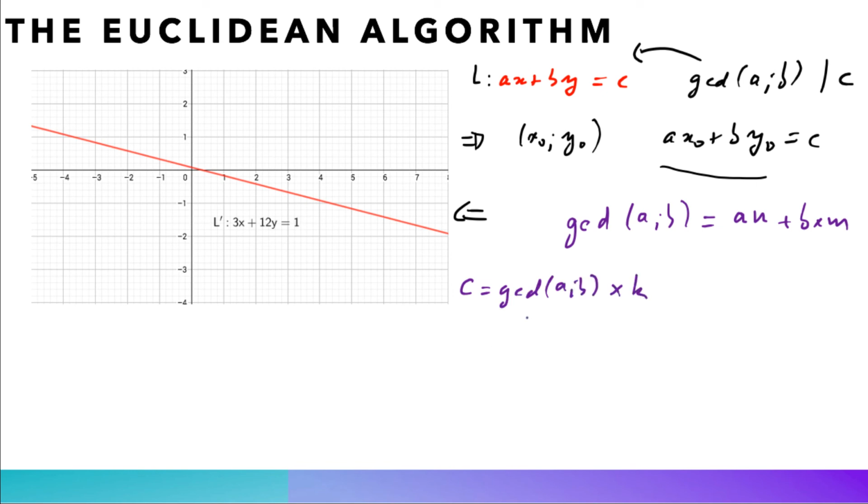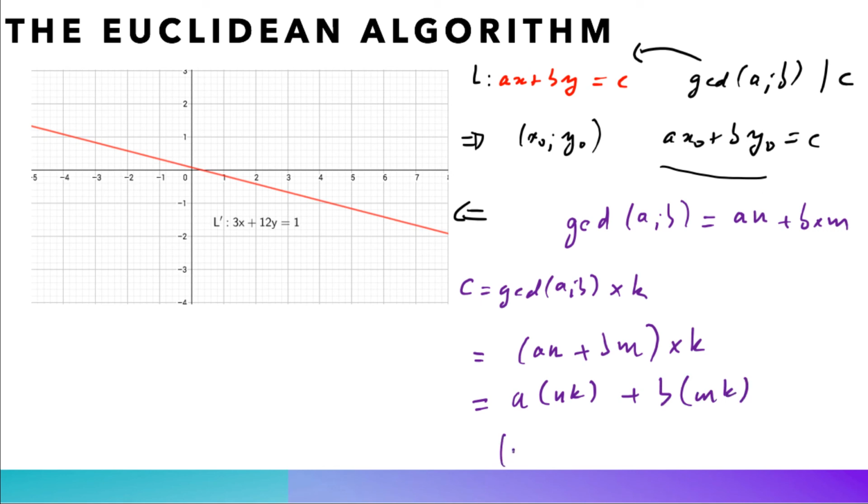But now if we replace the GCD of a and b by the linear combination of a and b here, one gets that this is equal to (an + bm) times k, which is equal to a(nk) + b(mk). Hence the point of coordinates (nk, mk) is an integral point on our line, and this ends our proof.